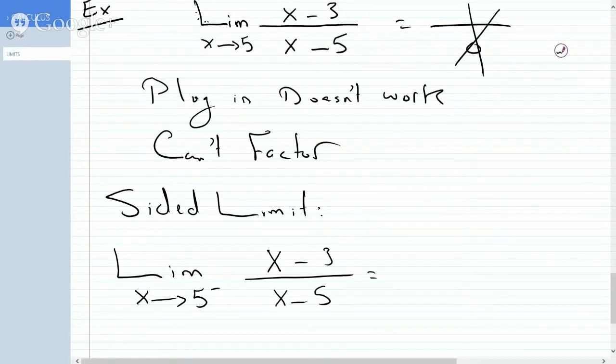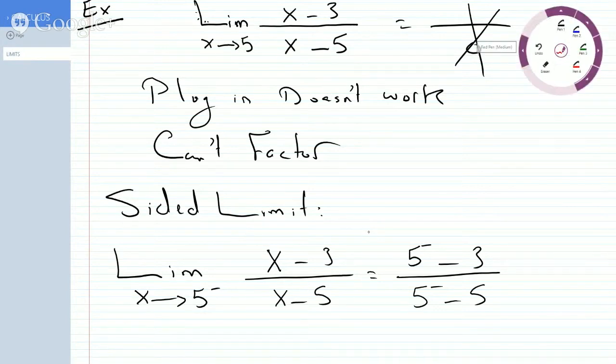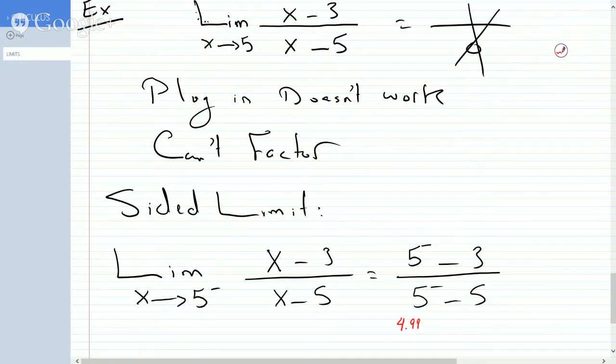So put the 5 minus in, and we get 5 minus 3 over 5 minus 5. Now, like you said, 5 minus is 4.9999.